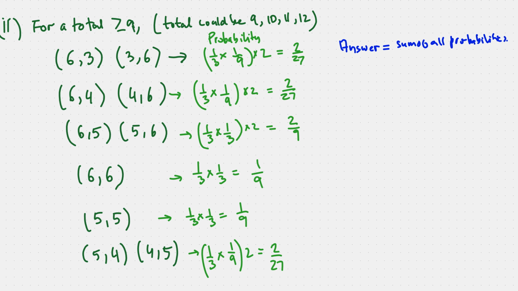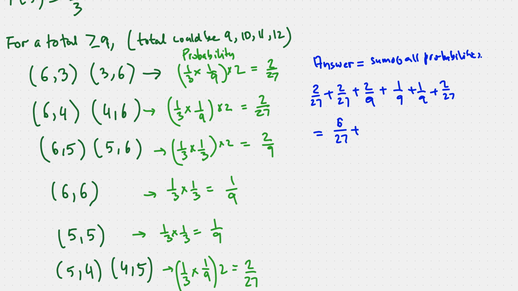We would do 2/27 plus 2/27 plus 2/9 plus 1/9 plus 1/9 plus 2/27. That gives 6/27 plus 4/9.